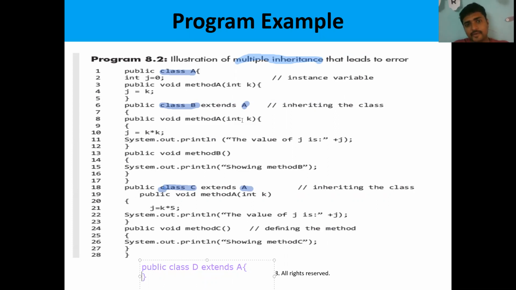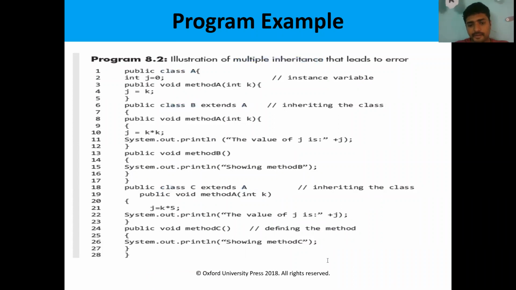Hierarchical inheritance means all the subclasses will inherit the properties from only one single class, A. So D also extends the properties from A. So this concept is called hierarchical inheritance.